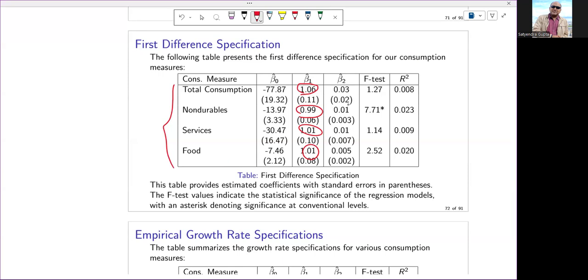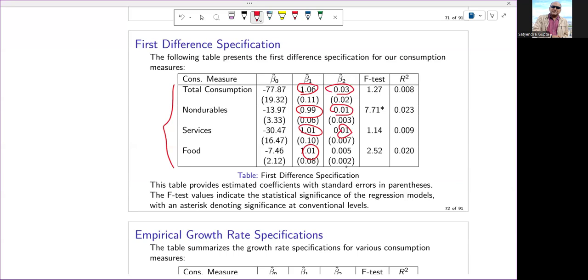Look at beta 2. Beta 2 is very close to 0, right? In each of these cases, and then look at the t-value. Here it is 1.5. In this case, it will turn out to be 3.3. Otherwise, it's again quite low. The t-values are much less than 2.